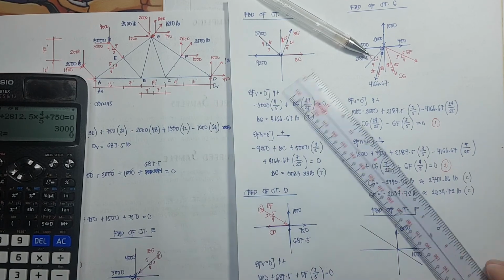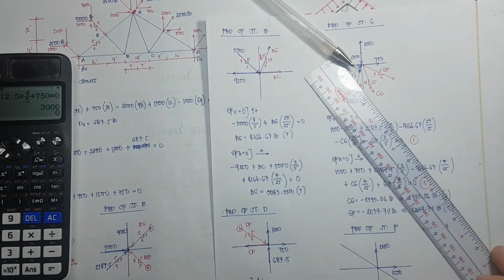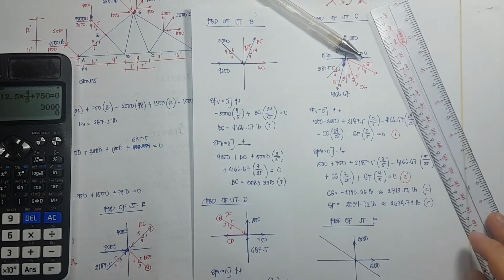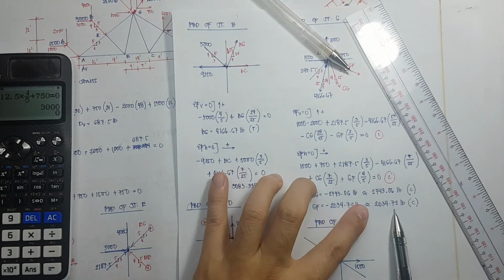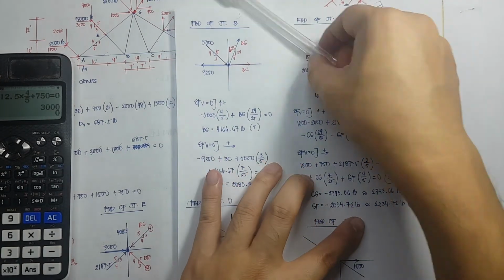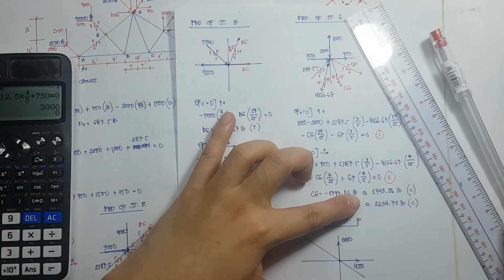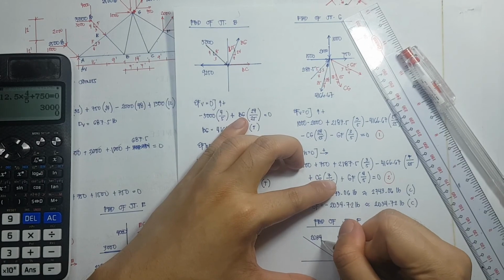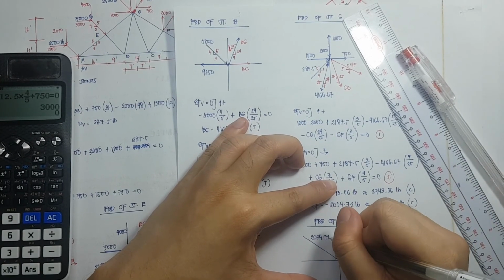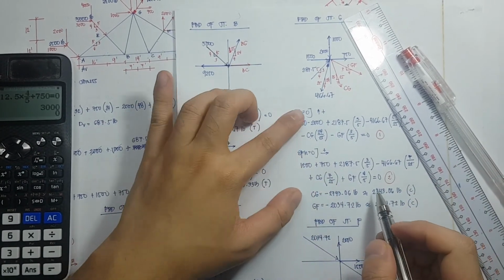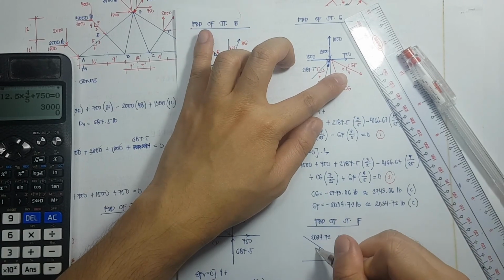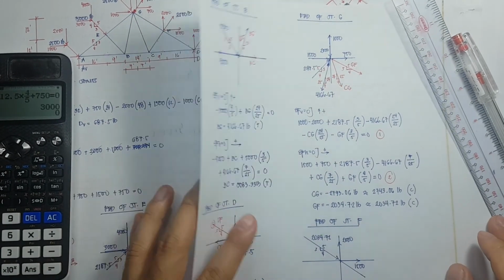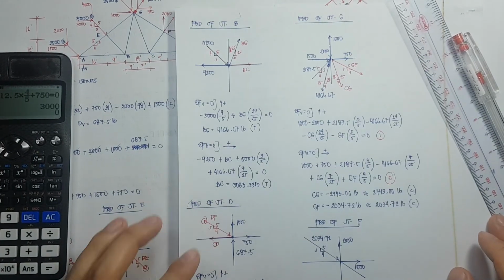So GF, what is GF? GF is 2,034.72, and that is in compression. The slope is 3 vertical, 4 horizontal over the hypotenuse of 5. Then we have DF.